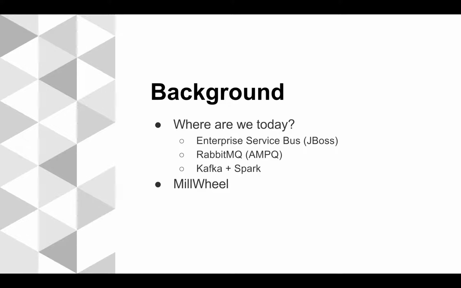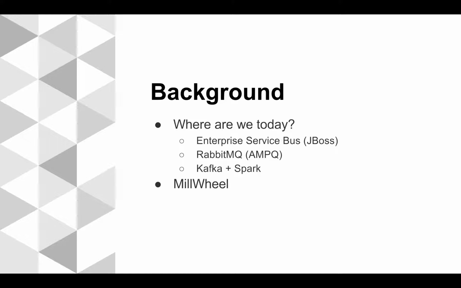I don't know if anybody here is familiar with an enterprise service bus, but JBoss, which is native to Java, that's safe to say, is a service bus. MillWheel is a stream processing engine, and not the same thing as a service bus, but it's got some similarities.